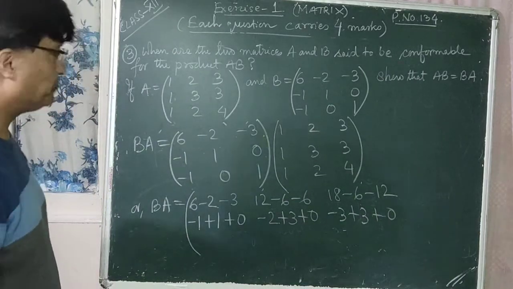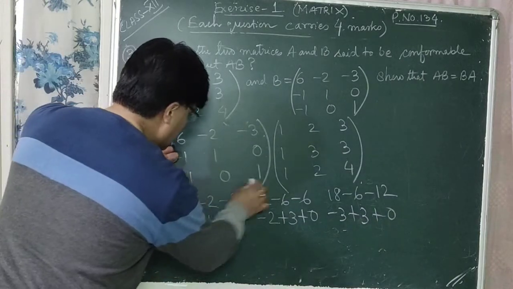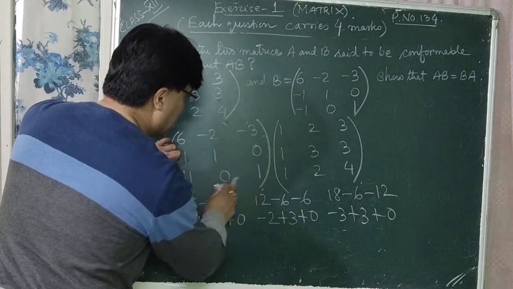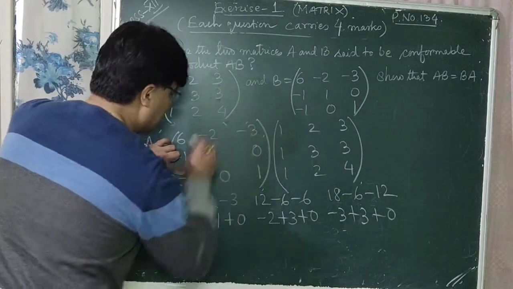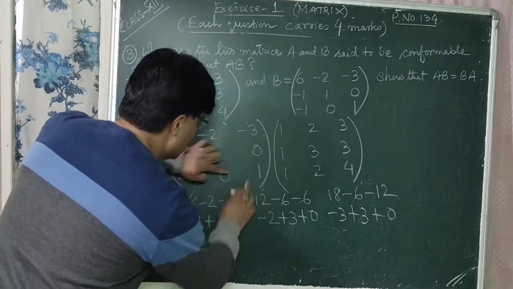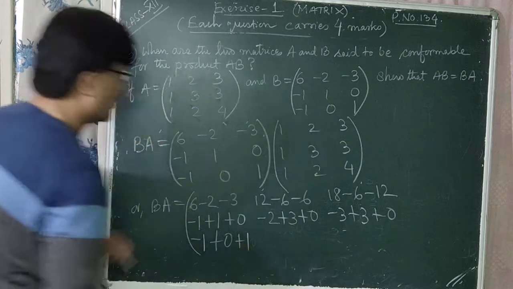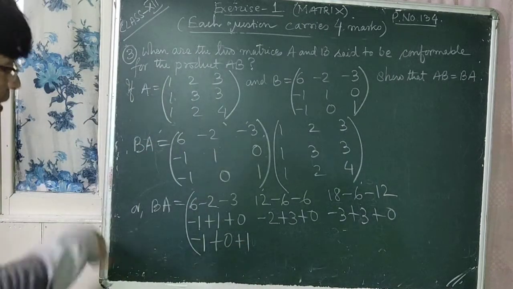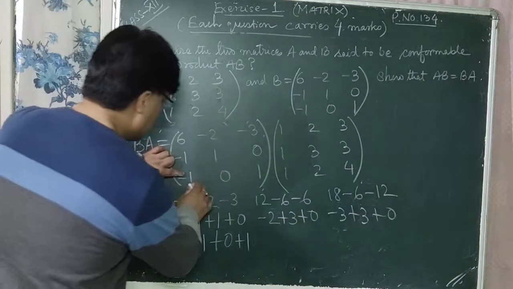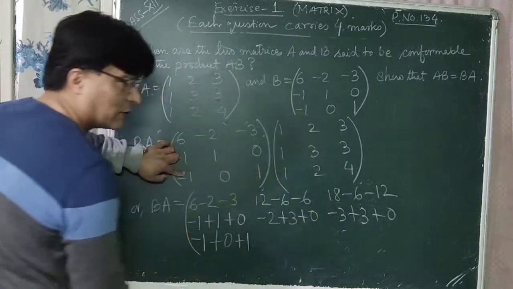So next, the third row should be multiplied by the first column. Corresponding elements should be multiplied. Minus 1 into 1, minus 1, plus 0 into 1, plus 0, plus 1 ones are plus 1. Next, what will be the second element of the third row? The third row should be multiplied by the second column.